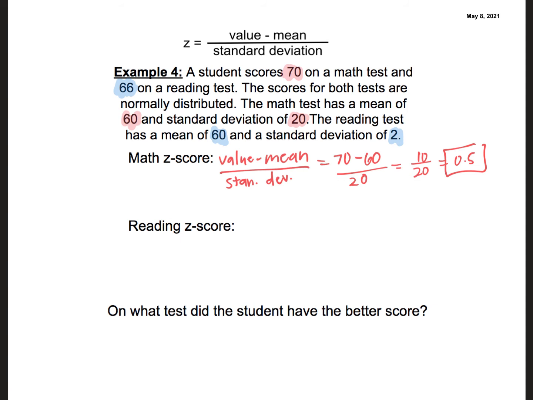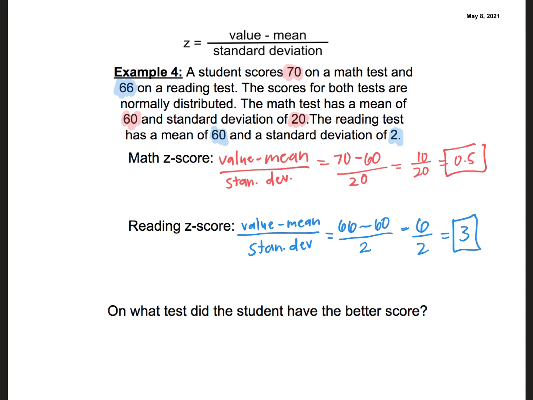So again, we're doing our value minus the mean, divided by the standard deviation, which would be our score of 66 minus the mean, which was 60, divided by the standard deviation, which was 2. So 66 minus 60 is 6, divided by 2 is 3. That means I'm 3 standard deviations above the mean.